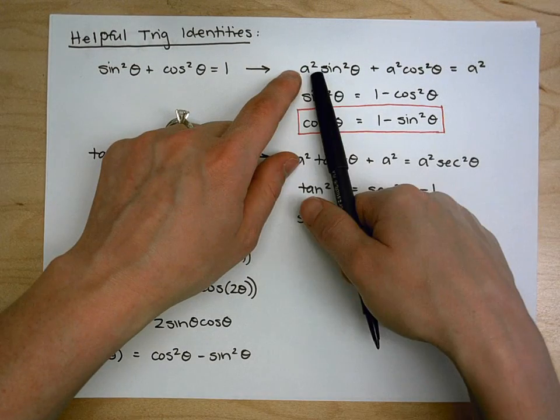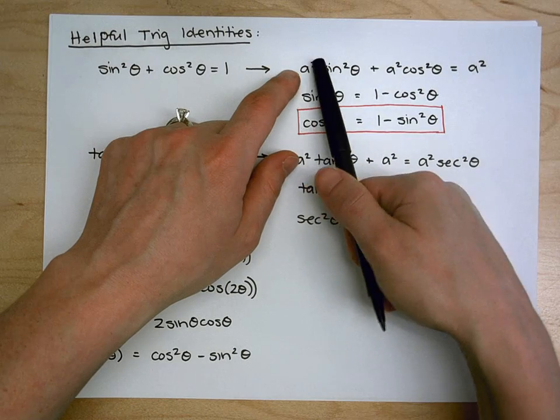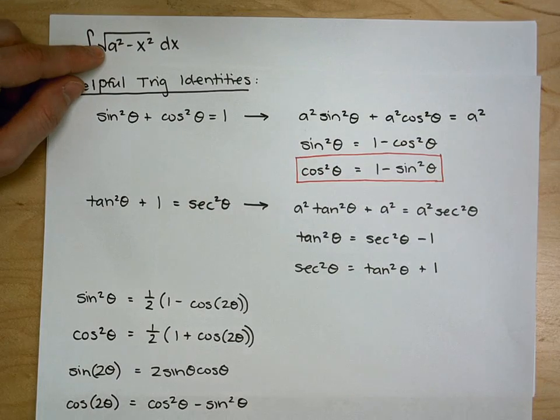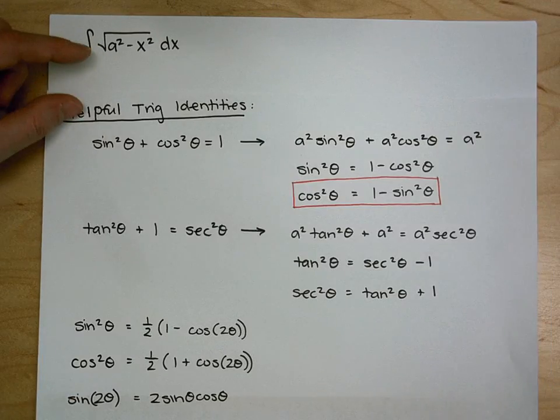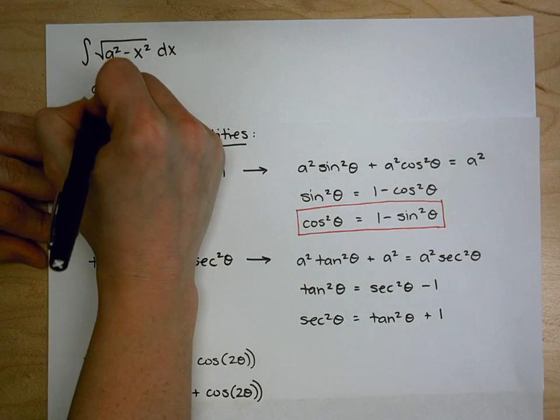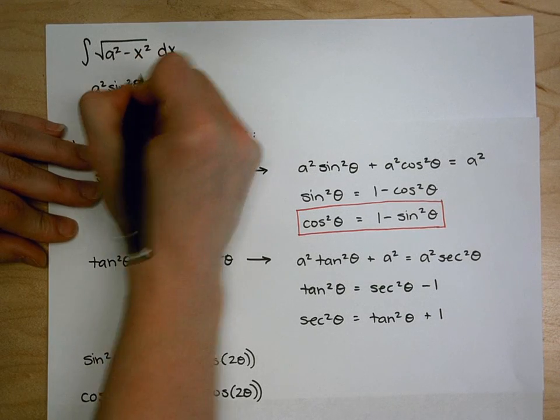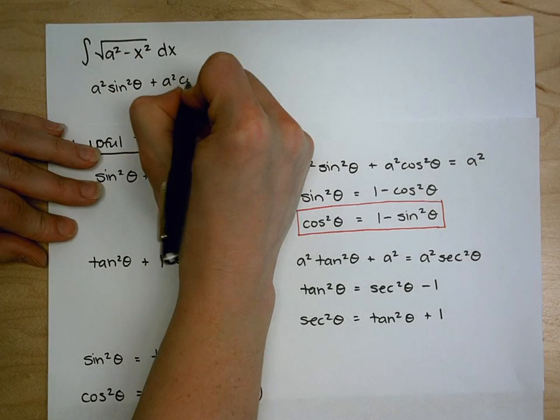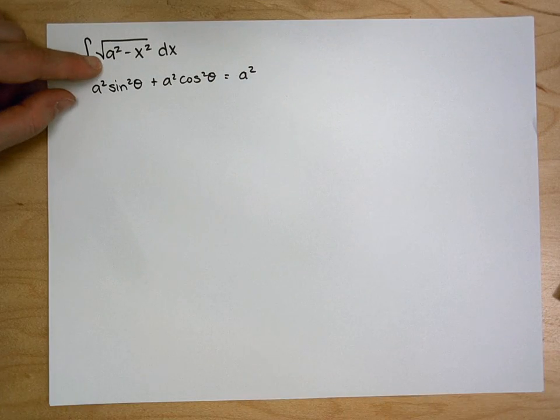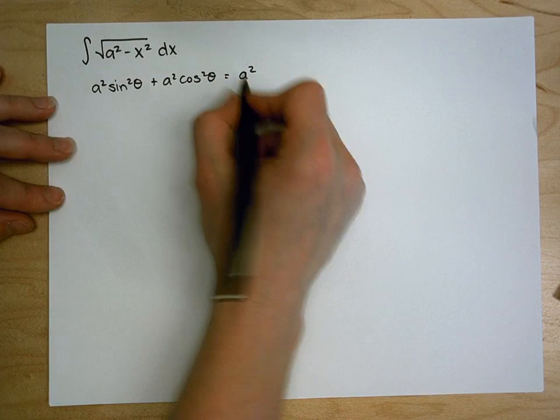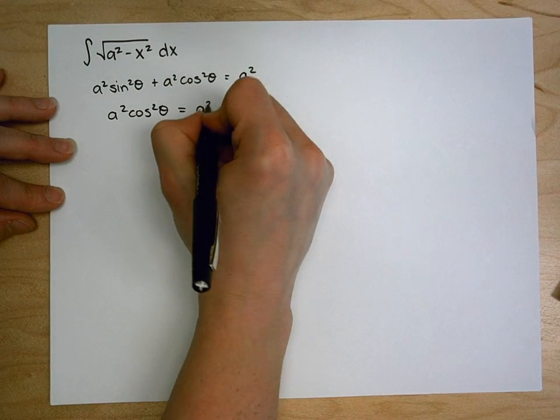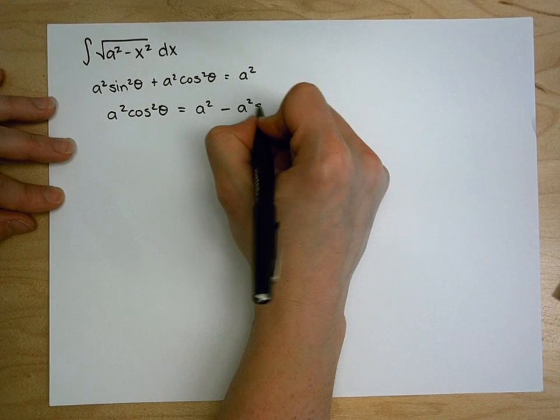In this case, my number is a squared. And that will help me more with things like this. So if I were to rewrite this more here, a squared sine squared theta plus a squared cosine squared theta equals a squared. So I can also write this, if I subtract the sine to the other side, as a squared minus a squared sine squared theta.